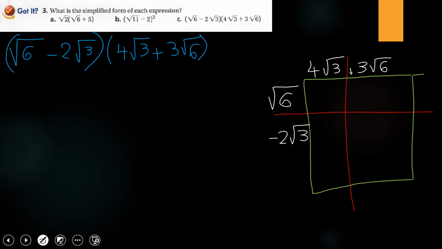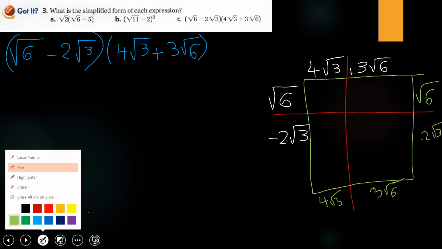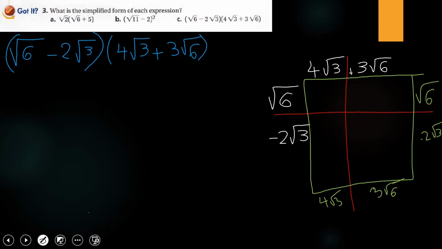Let's repeat them here first. Here we have negative 2 square root of 3. Here we have 3 square root of 6. And here we have 4 square root of 3. Then now let's multiply them. 4 times square root of 3 times square root of 6.